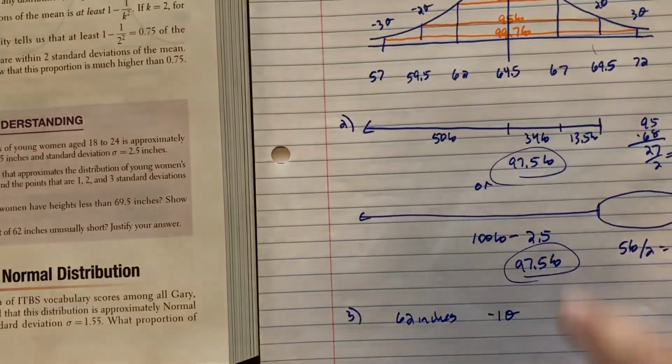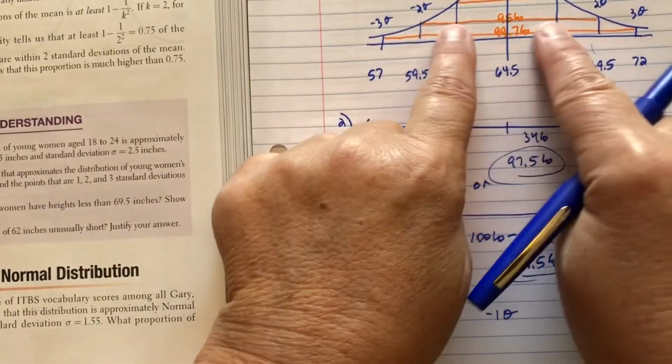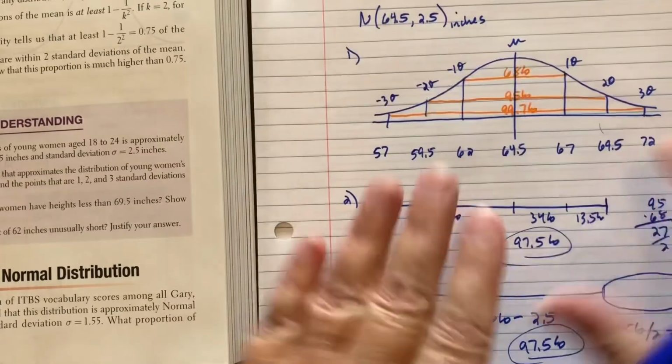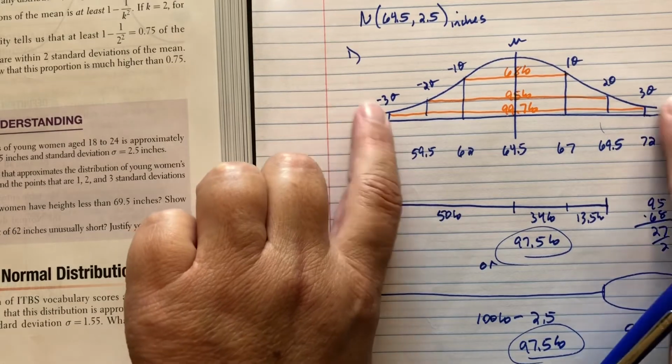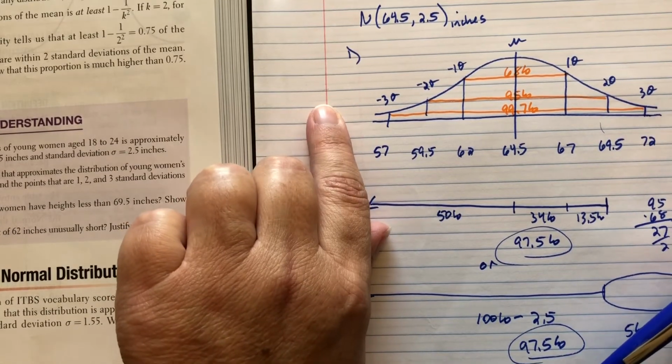So being anywhere in this part of the curve is not that unusual. When you get beyond 3 standard deviations, that's where it becomes unusual.